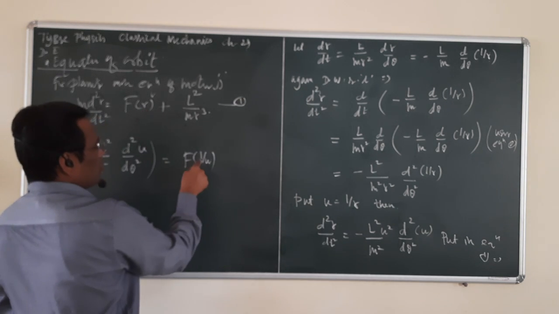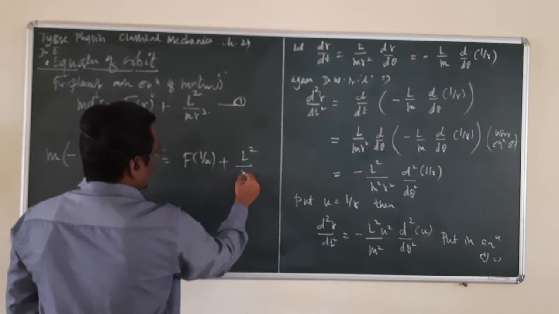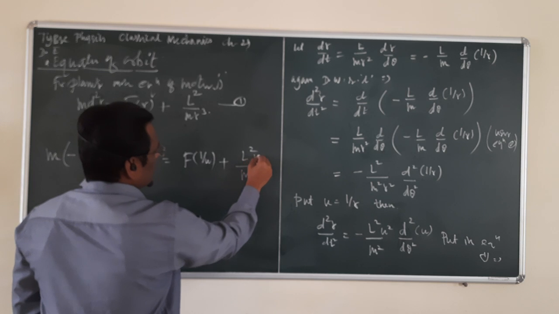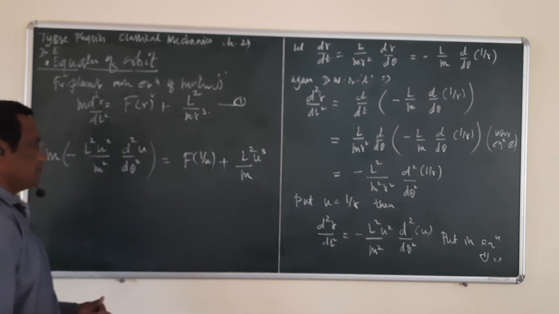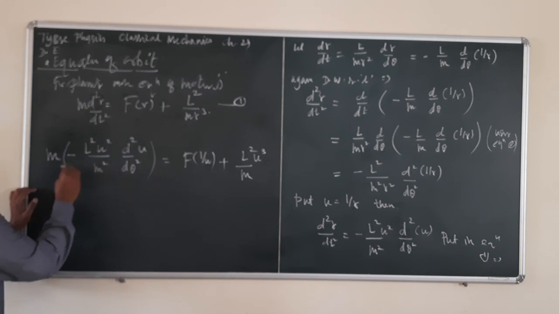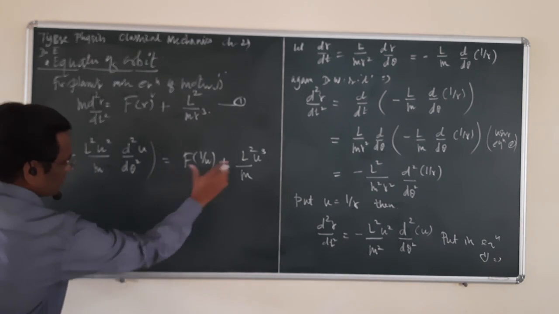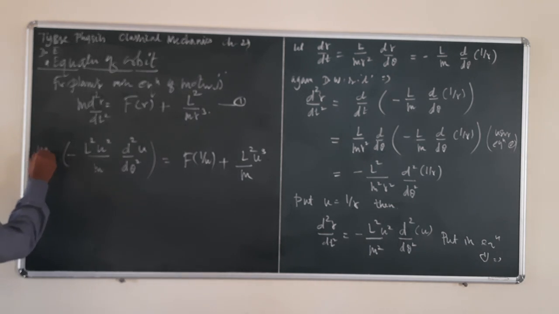Instead of r we have to put 1 upon u, plus L square divided by m times 1 upon r cube, which will become u cube. Okay, now m and m square, so that will become m. If we multiply this equation on both sides by minus m divided by L square u square.